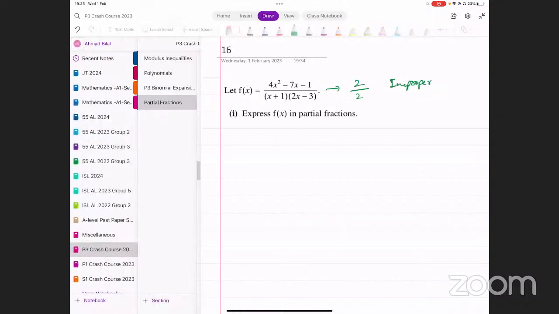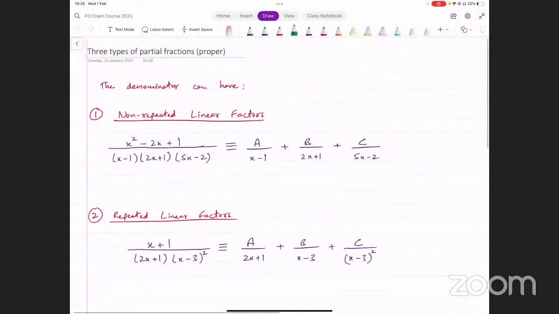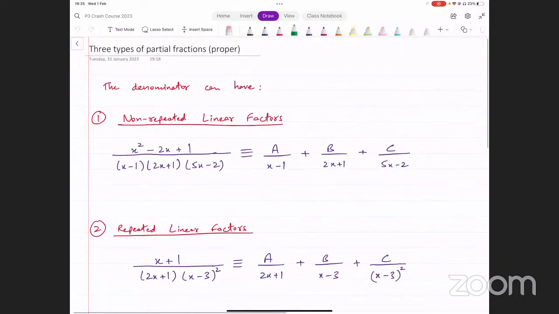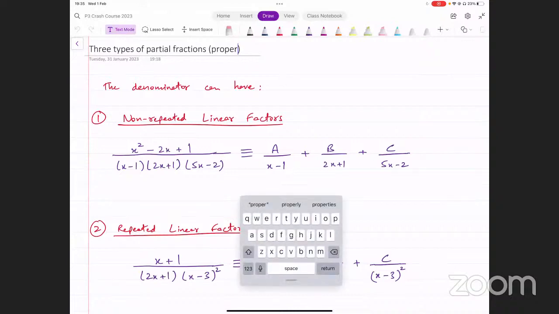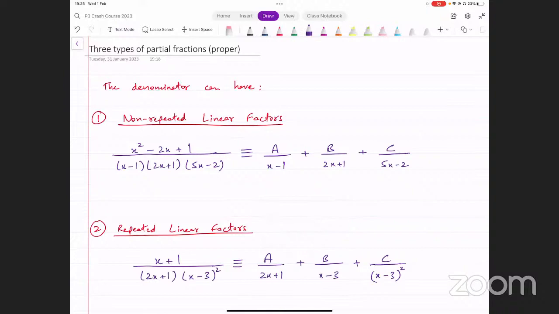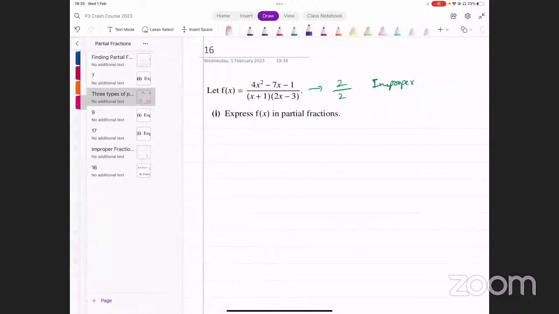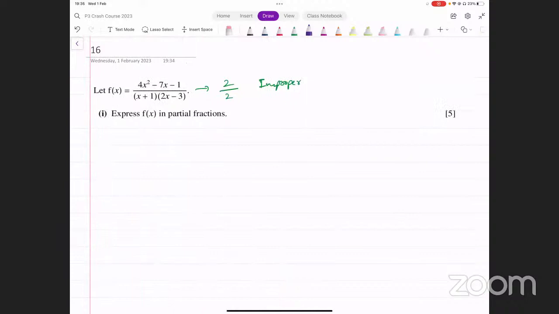Now, all of these different forms that we have done earlier were relevant for proper fractions. For improper fractions, we're going to have a slight variation in these forms, and we're going to talk about that in the next class, inshallah. We'll learn that using this particular example.